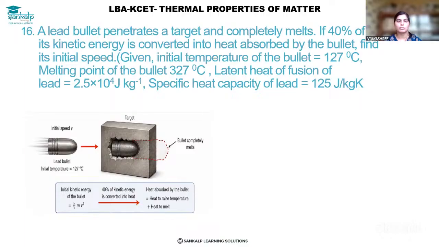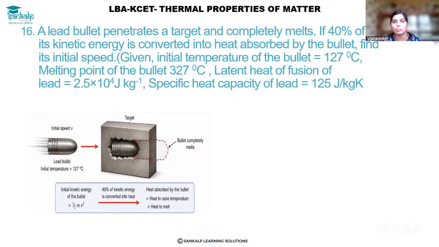We are discussing LBA-KCET questions of the chapter Thermal Properties of Matter. Let us see question number 16. A lead bullet penetrates a target and completely melts. If 40% of its kinetic energy gets converted into heat absorbed by the bullet, find its initial speed.